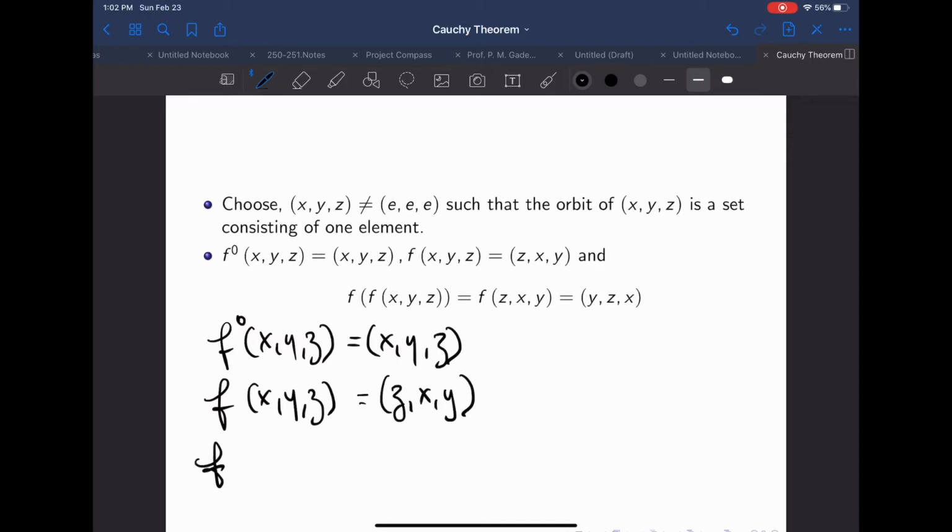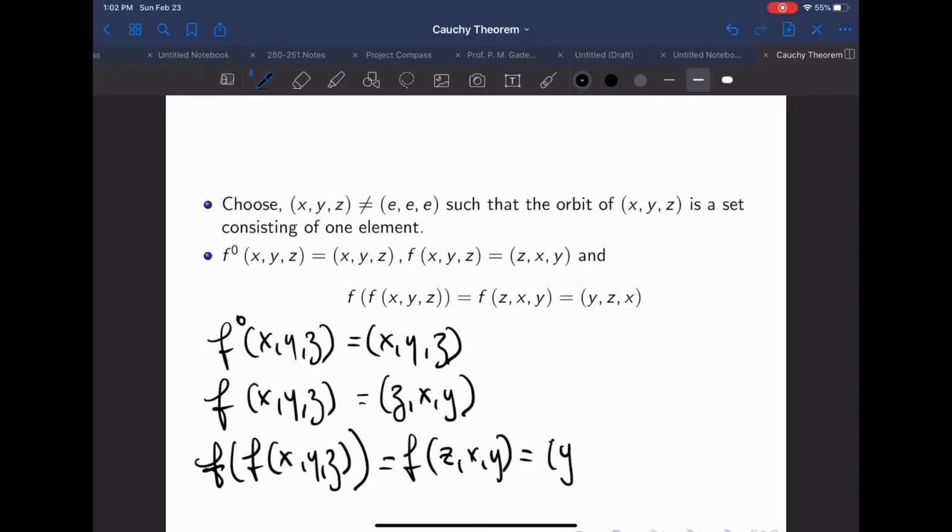And if you take f of z, x, y, this will be y, z, x. And all 3 of these must be the same. So in other words, x must be z and that must be y if all 3 of these triples are equal to each other, because they belong to a one-element orbit. So they must be exactly the same.